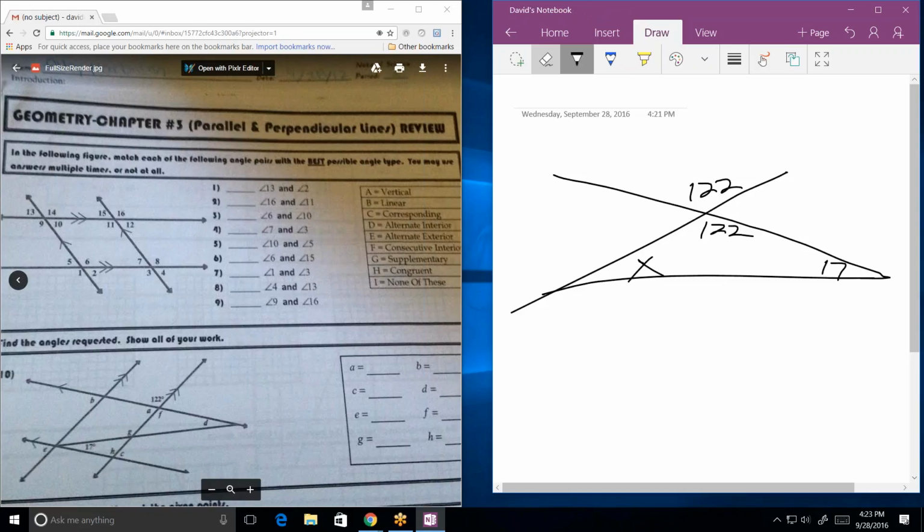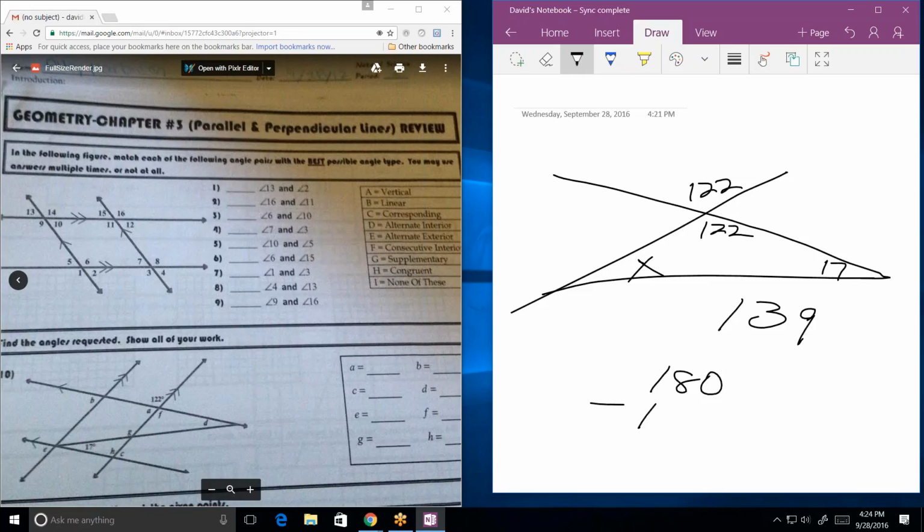Well, the sum of these two angles is 139. So X has to be 180 minus 139, which is 41. And if X is 41, well, G is supplementary to X, right? So it would have to be 139.